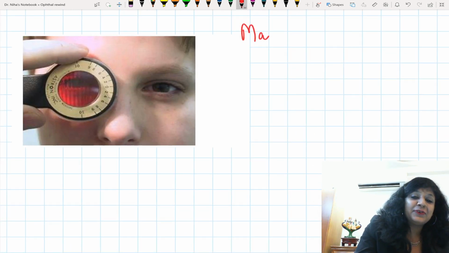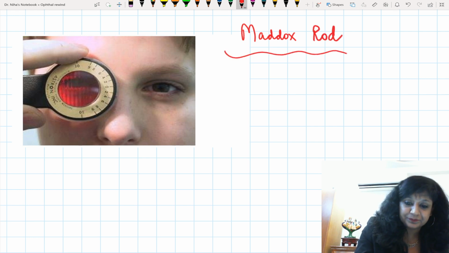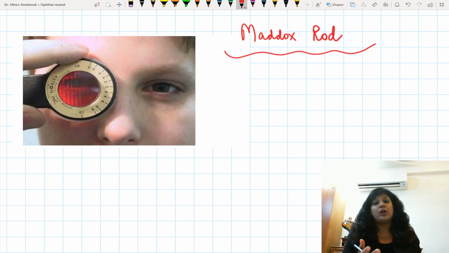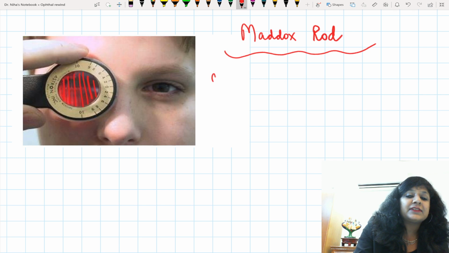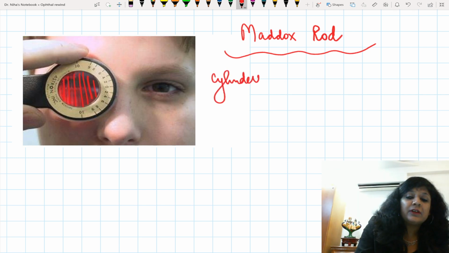Okay, so again we will be trying to hunt this Maddox rod. First of all, what is Maddox rod? Maddox rod consists of these, can you see? These striations are there. So these are basically cylinders, which are kept parallel to each other. First, try to understand what the Maddox rod is.